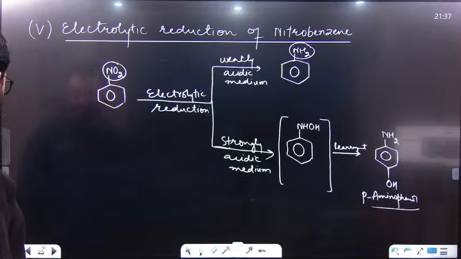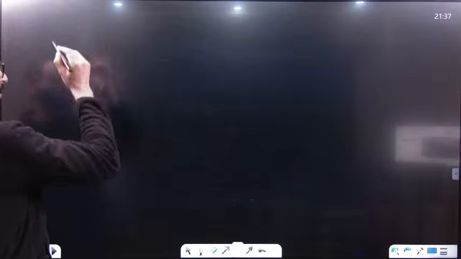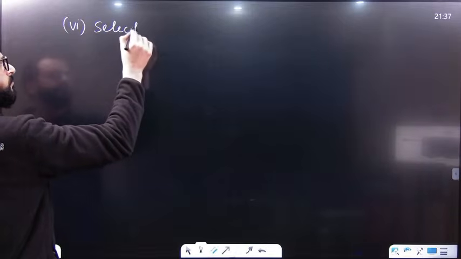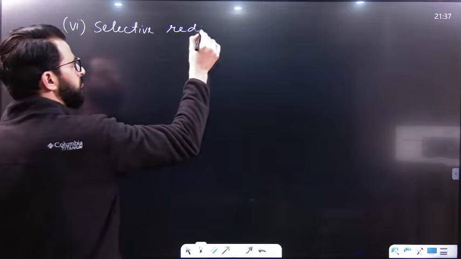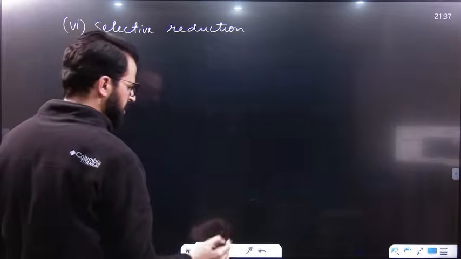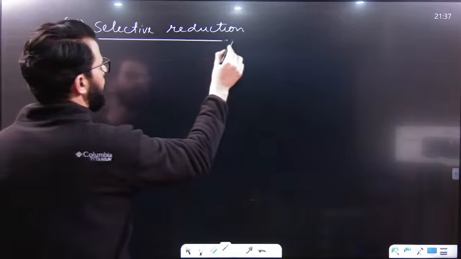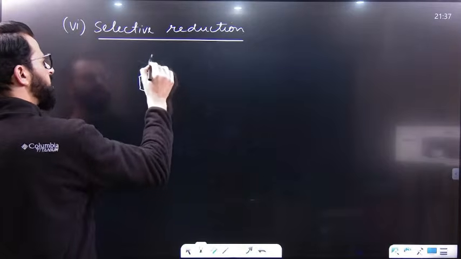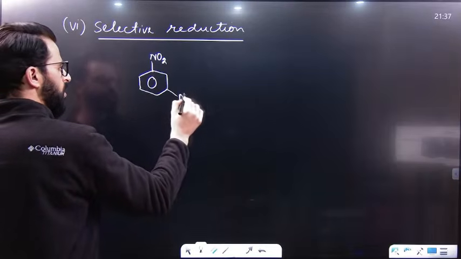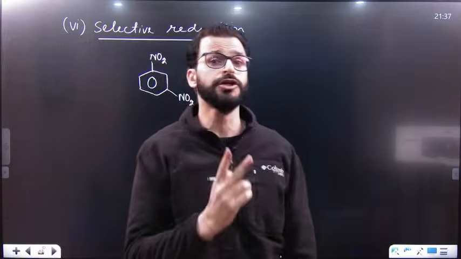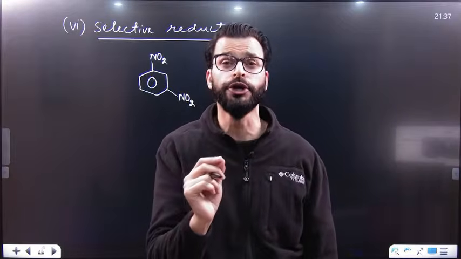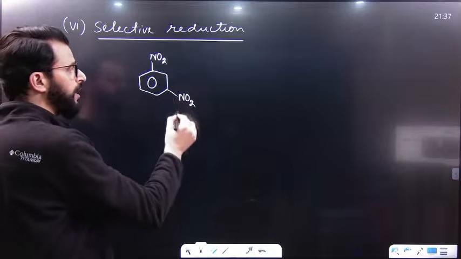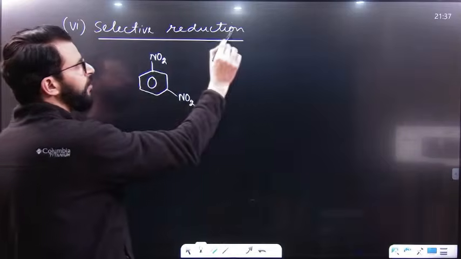Okay. Then another reduction is selective reduction. Now have a look. Say for example you are having meta-dinitrobenzene. In meta-dinitrobenzene there are two nitro groups, and if you want to reduce only one nitro among these two, that means you have to perform selective reduction.